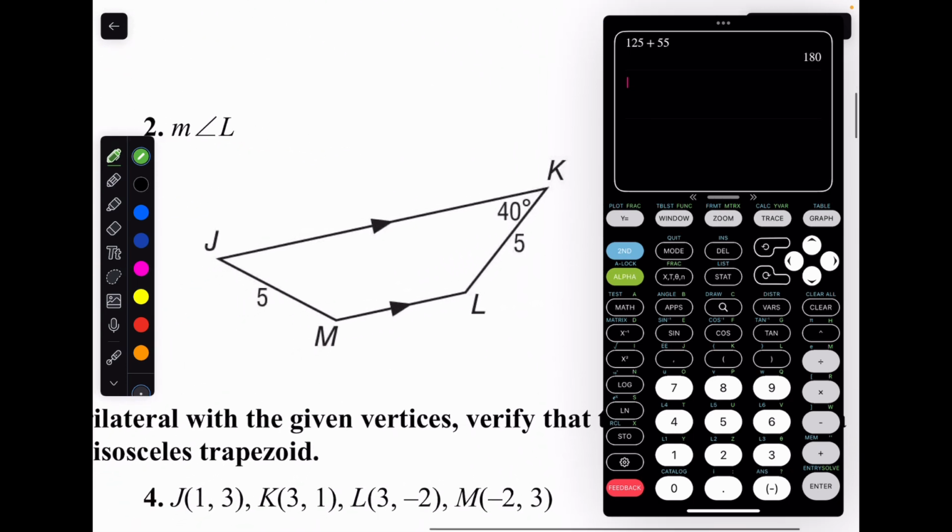Let's take a look. I see immediately that these two legs are congruent. I also see that these two bases are parallel. If these two bases are parallel, that means that if the question is L, right here's the question, and I know K, I know that those two are going to be supplementary.